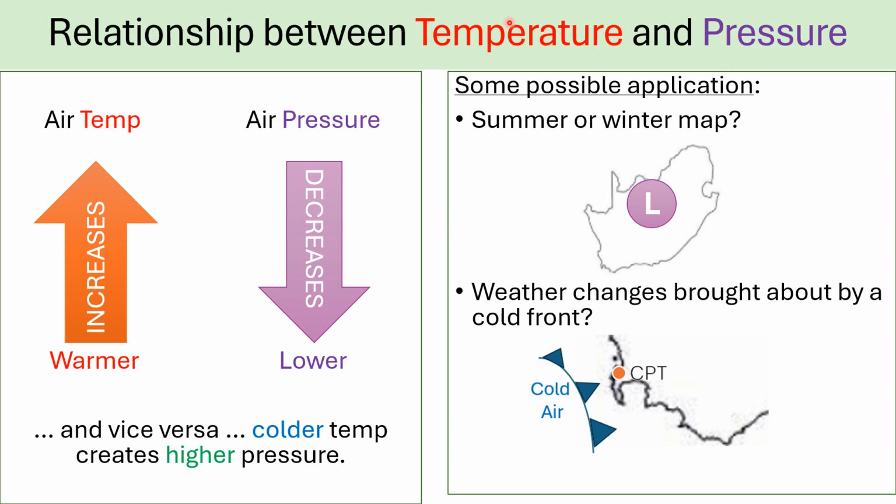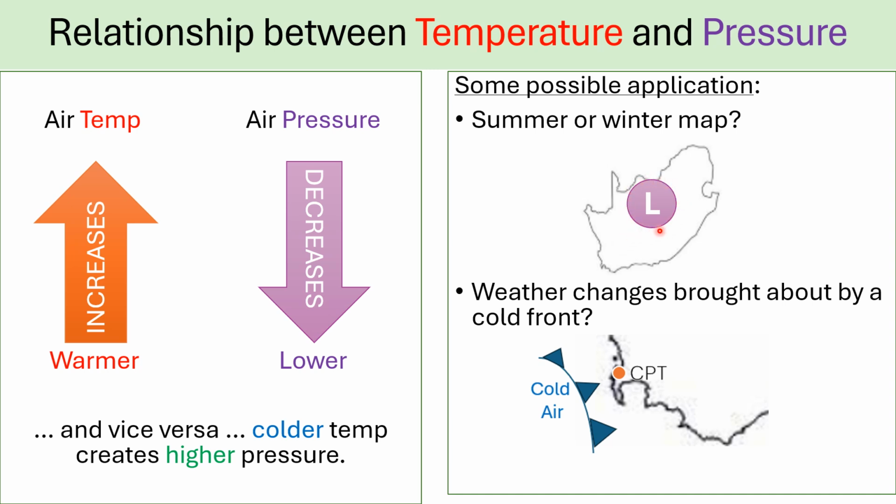Remember those questions where you are asked if a synoptic weather map represents a summer or a winter situation. One way to answer this question is to look at the pressure cell over the interior of South Africa.